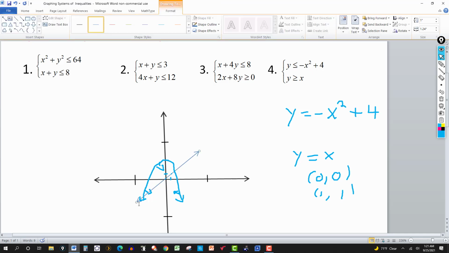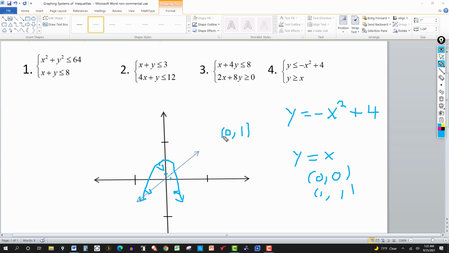So it would go through the origin, and then I notice again we can't use the point 0, 0 as a test point, but we can use the point 0, 1, because that's not on the line.